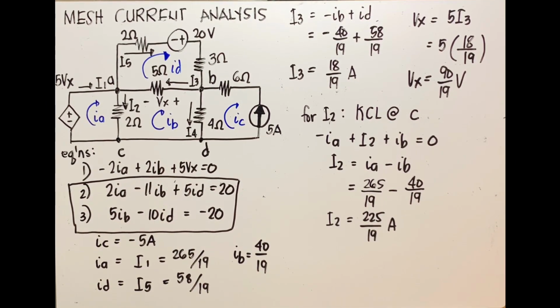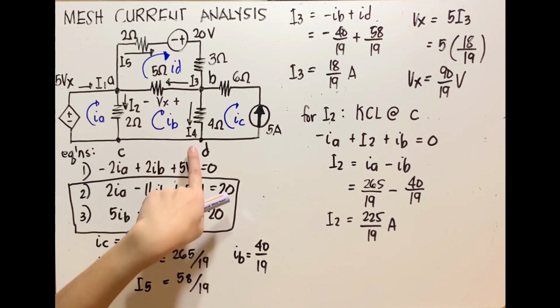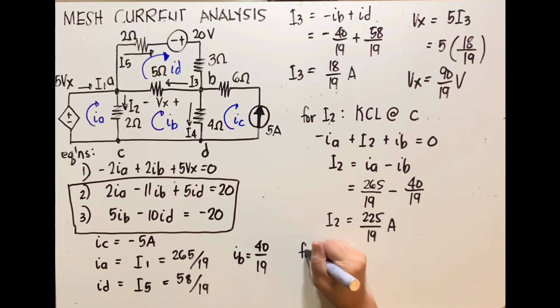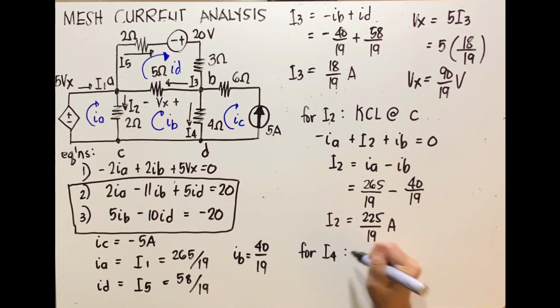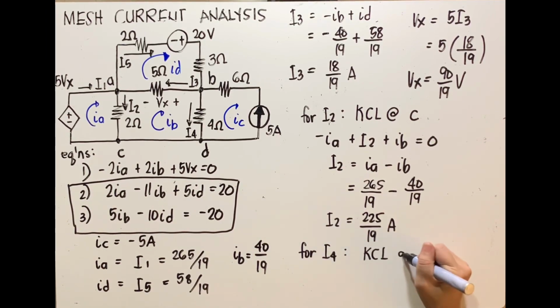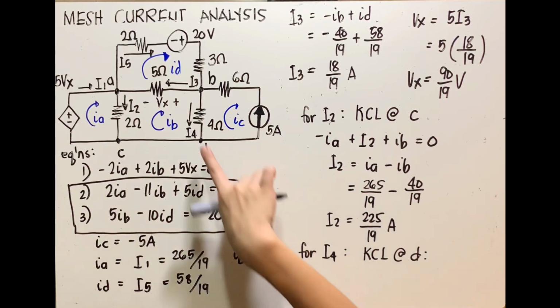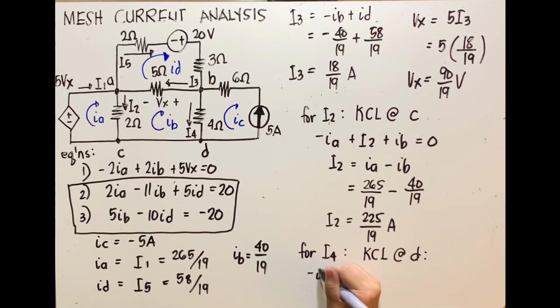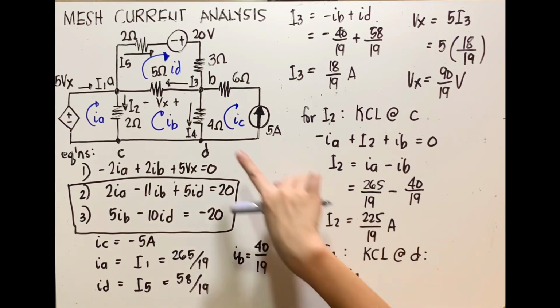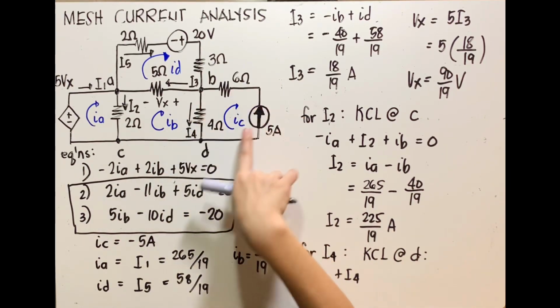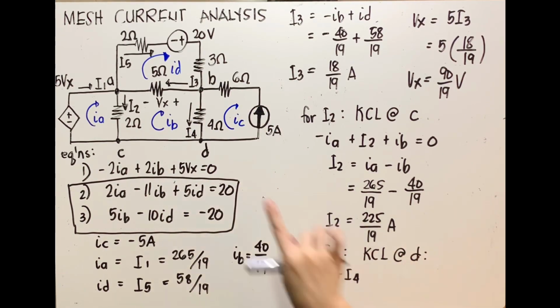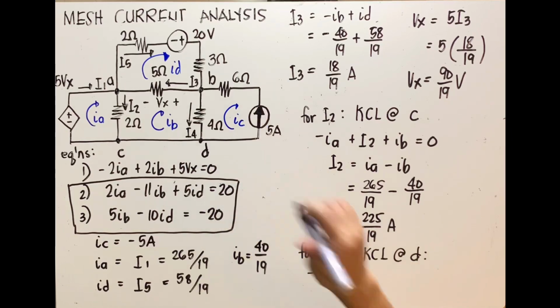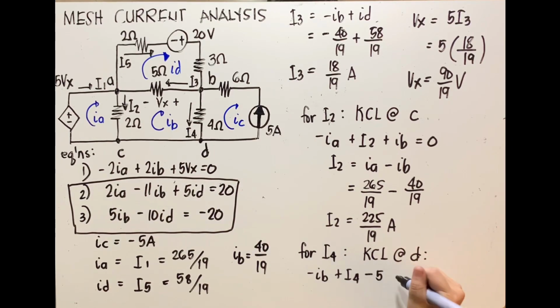And then, for I4, dito ako magki-KCL sa D naman. So, for I4, KCL at D, and that would be, what? Negative IB, positive I4, may papasok na IC, diba? Plus IC, or kung gusto nyo kunin nyo na yung 5 amperes, minus 5. Equate to 0.